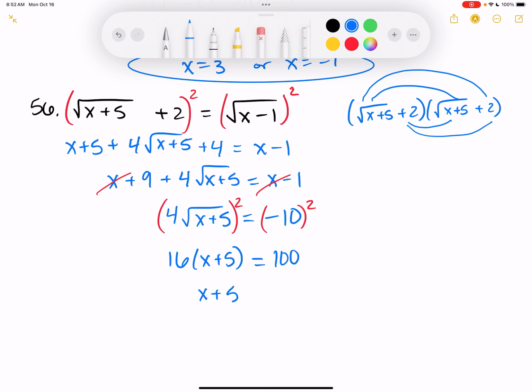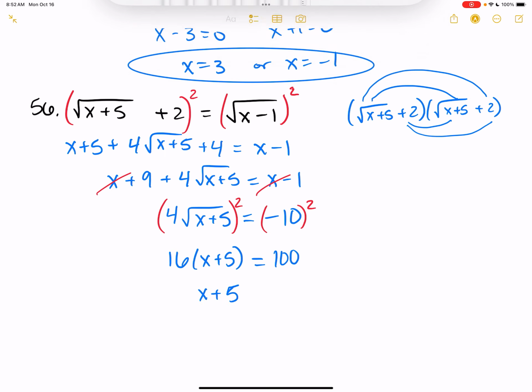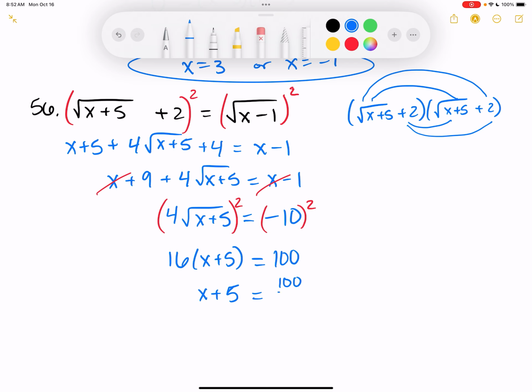Then divide by 16. So x plus 5 is equal to 100 over 16, which I can reduce by taking out a 4 from top and bottom. So x plus 5 is equal to 25 over 4.